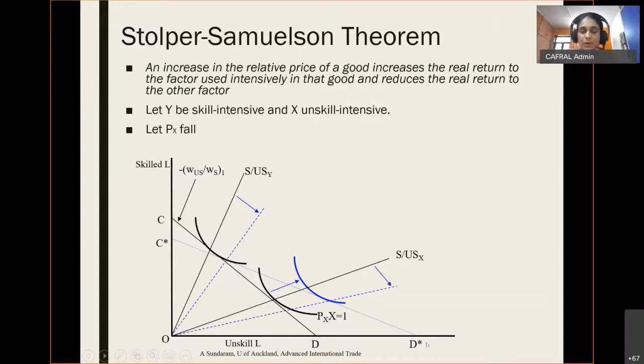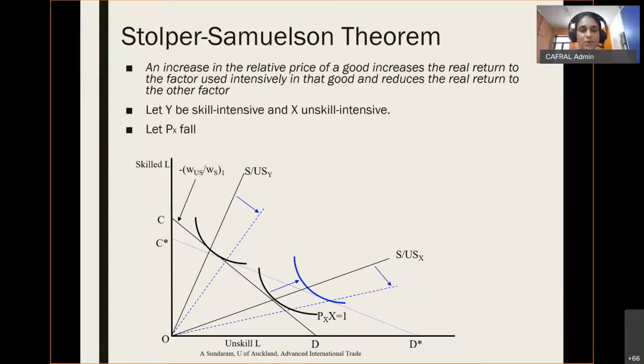So what have we established here simply by looking at the rotation of the isocost line and looking at the intercepts? We have shown that W unskilled has fallen and W skilled has gone up. In other words, W_US over W_S, the relative wage of unskilled labor, has gone down. Okay, and that comes out of this Lerner diagram.